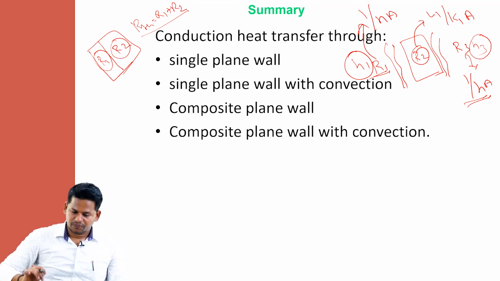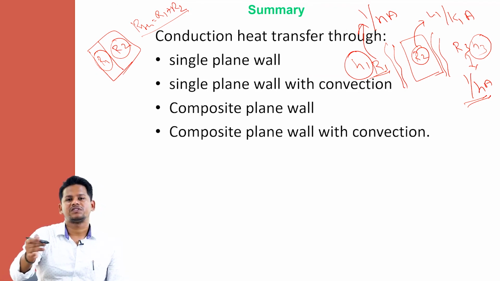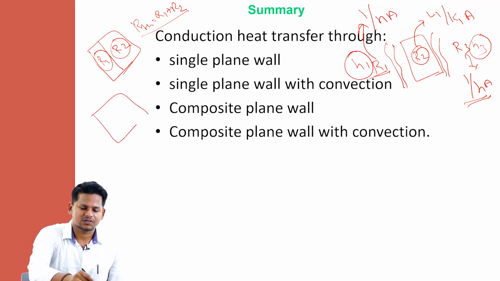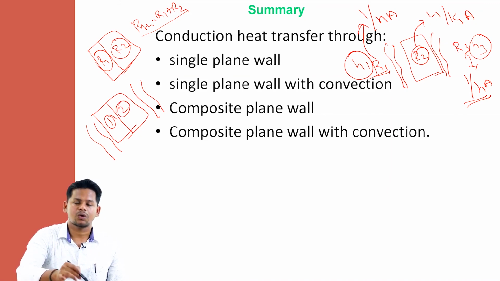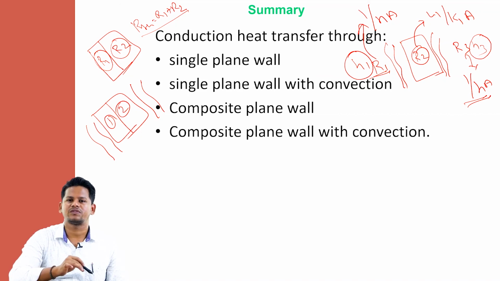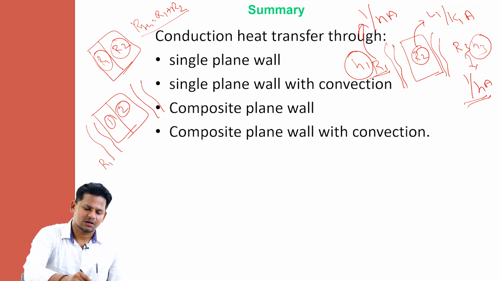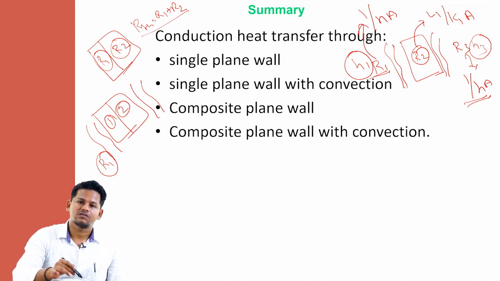If you have a composite plane wall with convection, this is the composite plane wall where we have convection here. So material 1, material 2, we have convection here. So how can we find the heat transfer for this composite plane wall with convection? Very simple. Assume this as R1.